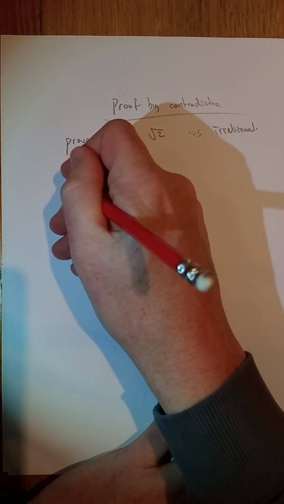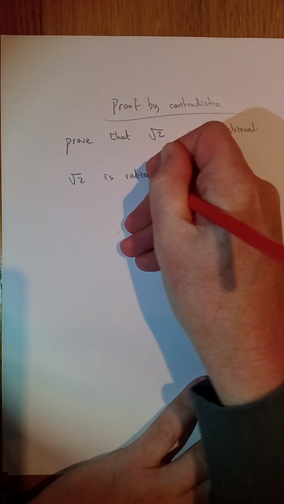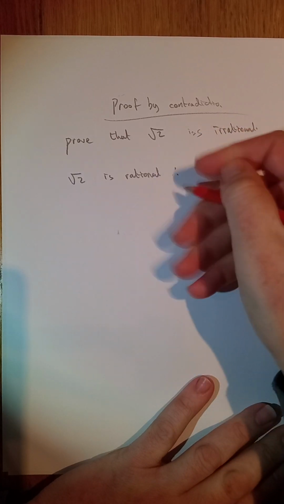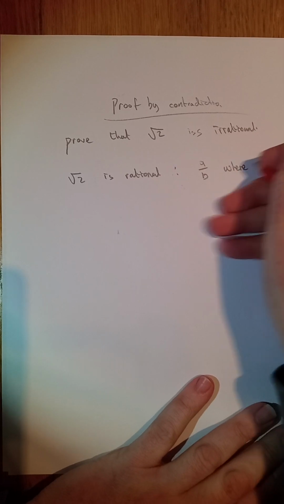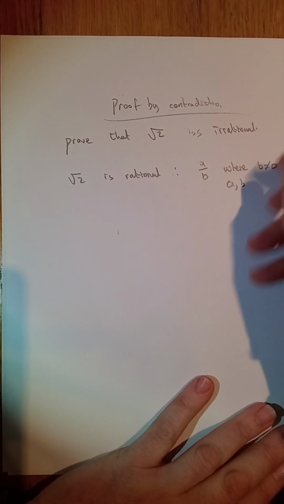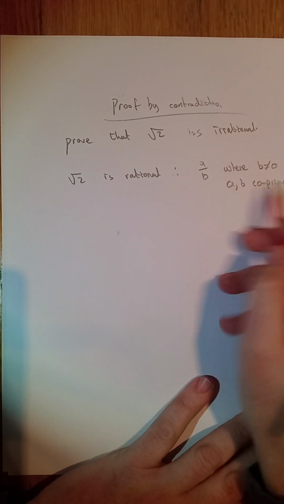Here's my assumption. Square root of 2 is rational. Therefore, it can be written as a over b, where b is not equal to 0 and a and b are co-prime. Let me explain what co-prime is.